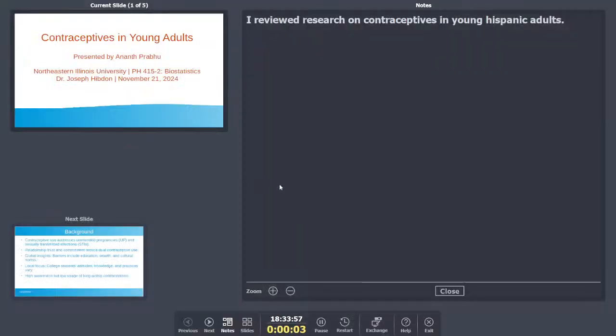Okay, can you see my screen? Yes, we can.